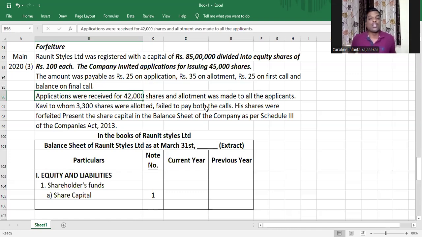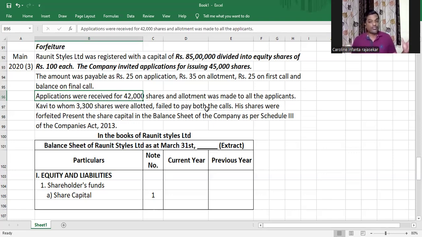This is where they're telling you that the shares have been fully called up. They're saying that Kavi did not pay the final call. Now, when would someone have to pay the final call? When they have been called up. Am I right or not? So Kavi did not pay the final call, and therefore it has been called up and he didn't pay it. So we have established the fact that there are subscribed and fully paid up shares.